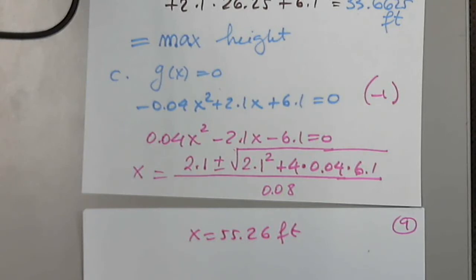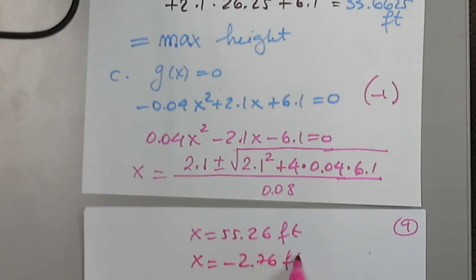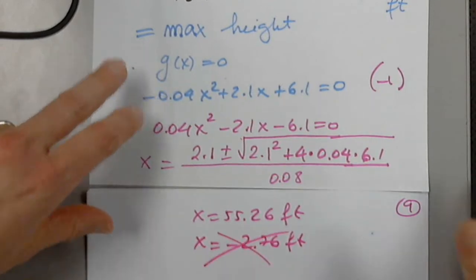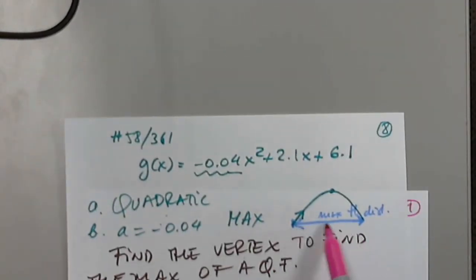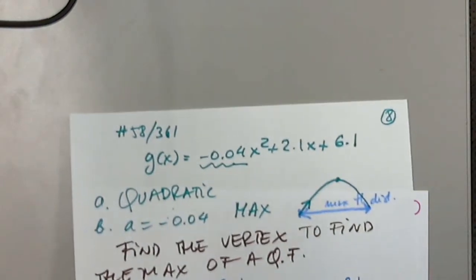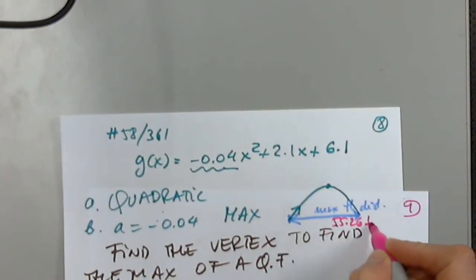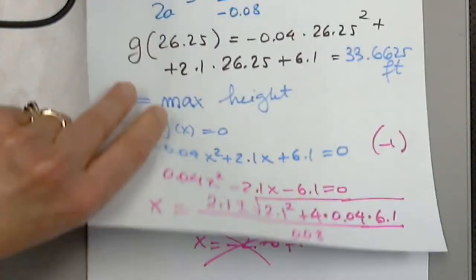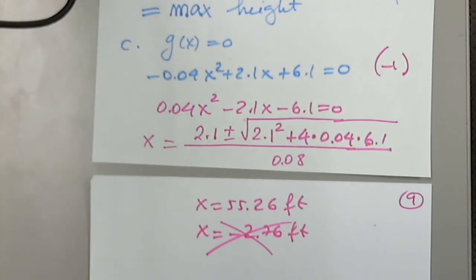The other option is negative 2.76 feet. Which one is completely unacceptable? The negative one. Right. So the maximum horizontal distance is 55.26 feet.